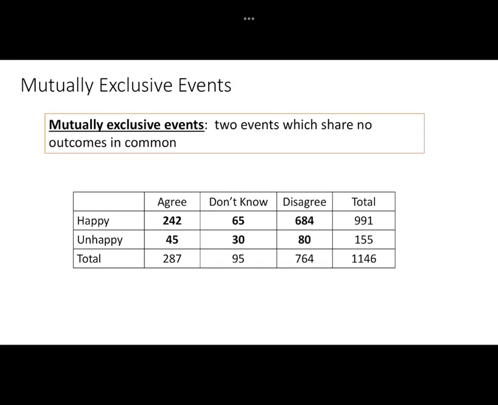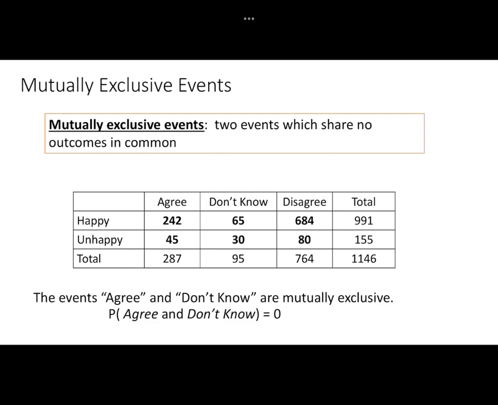Two events are called mutually exclusive if they share no outcomes in common. So if you remember, our last example a couple slides ago was the probability that someone agrees or doesn't know. Those two events were mutually exclusive.